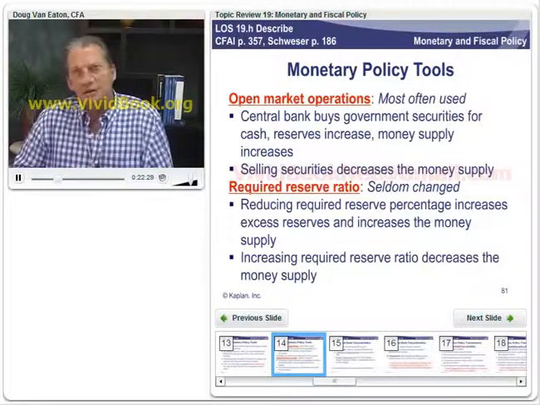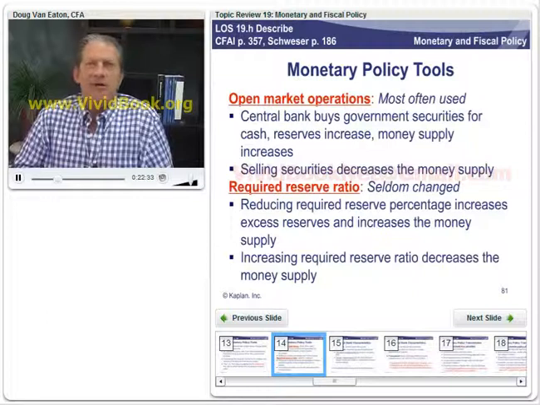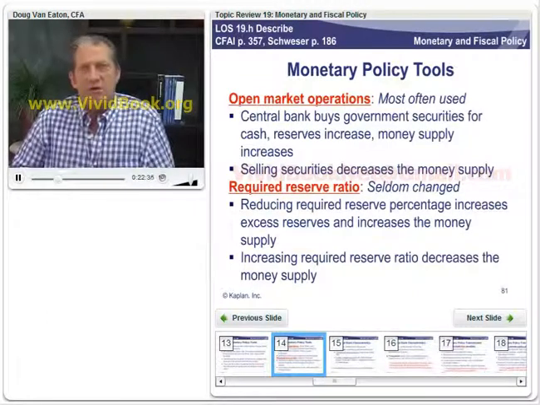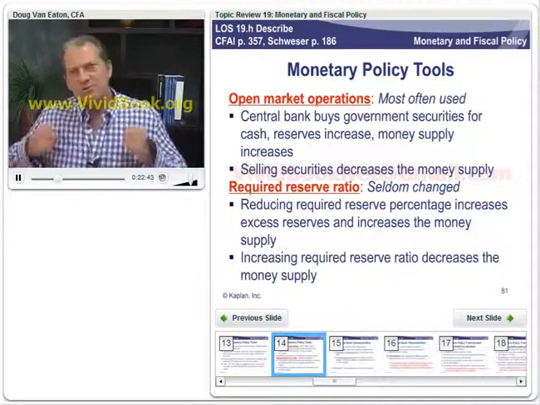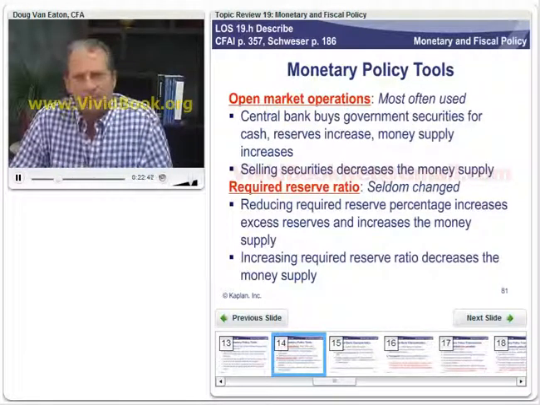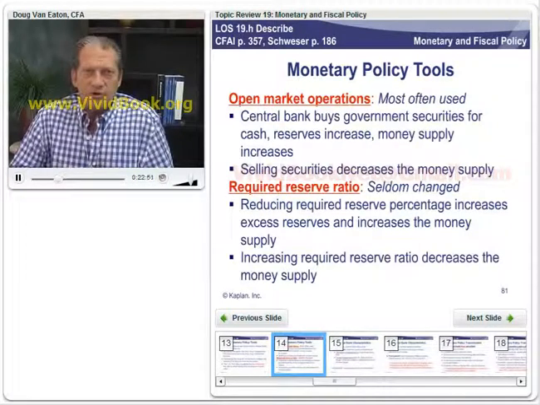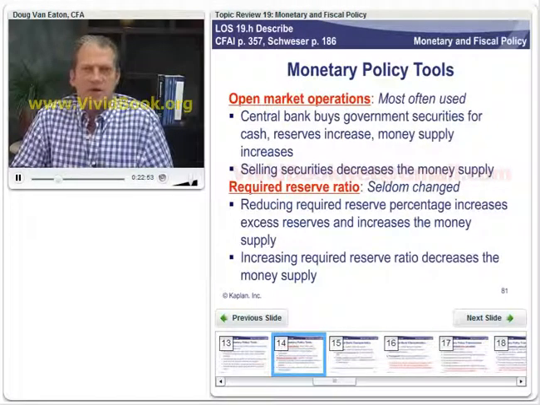Remember, I told you that government securities are the main asset of the central bank. The currency issued is the liability. So the central bank buys government securities for cash. This puts cash out there, and the Fed holds the Treasury securities. This increases reserves, money supply increases.